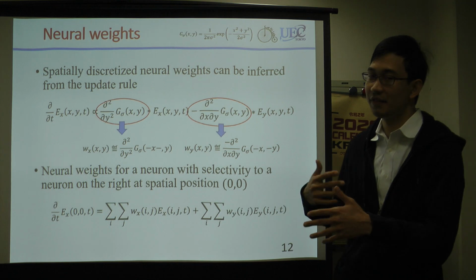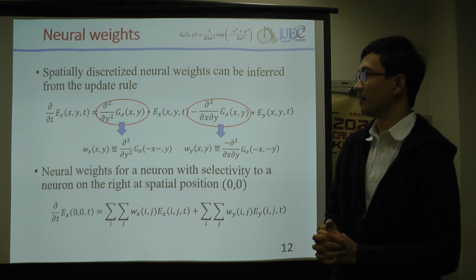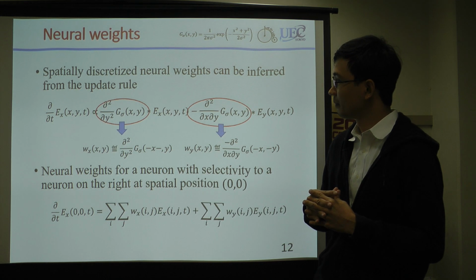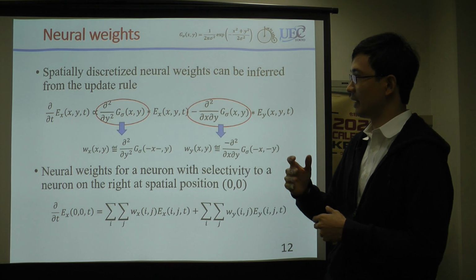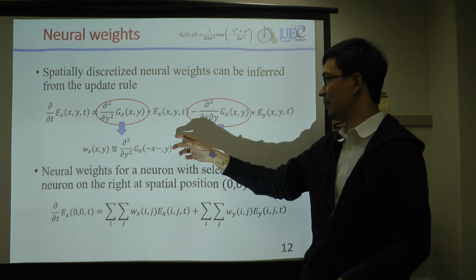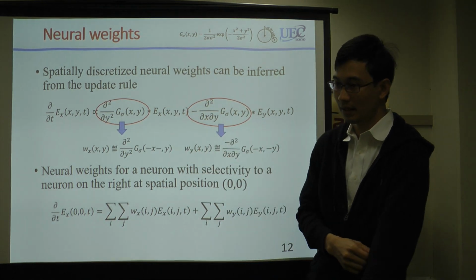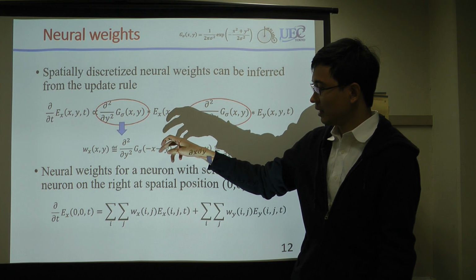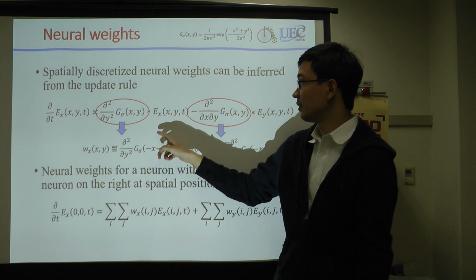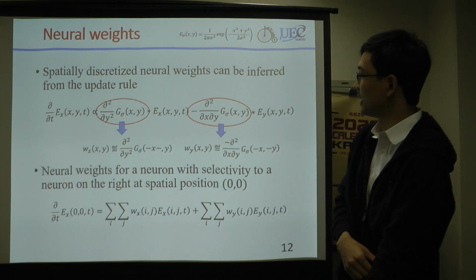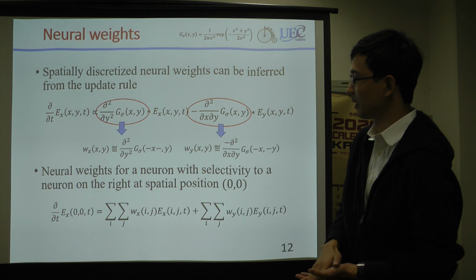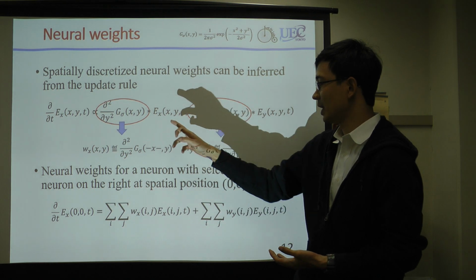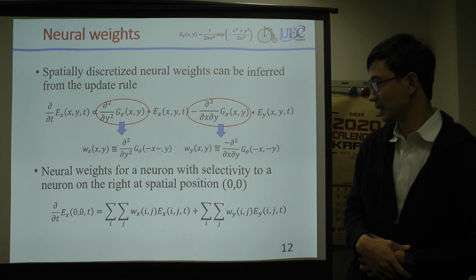And we can also derive neural weights from the update rule. We do this by replacing the spatial partial derivatives with the partial derivative of a discrete Gaussian function. And from that we derive neural weights.